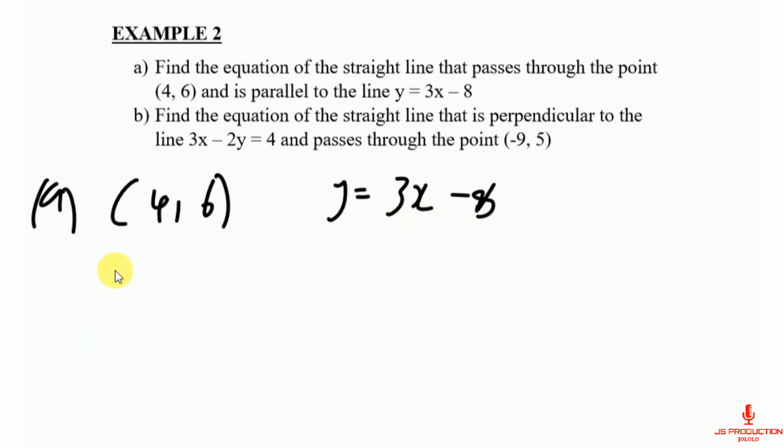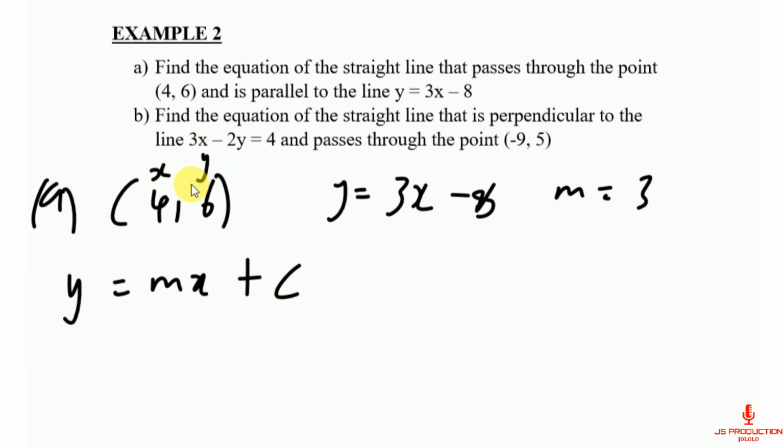Our first thing that we are supposed to do is identify the gradient. We know that the gradient of this equation, m, is equal to 3. That means it is going to be equal to the gradient of the line we are supposed to calculate. So we can say y is equal to mx plus c, and we know that two parallel lines have the same gradient.